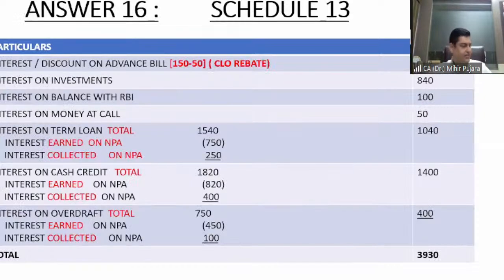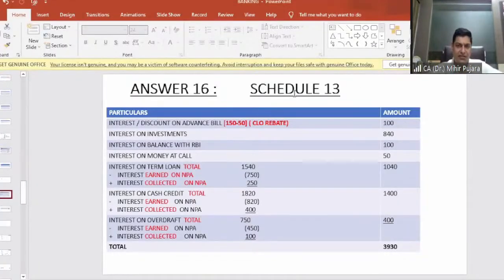And this is once again 13. First amount is 100.